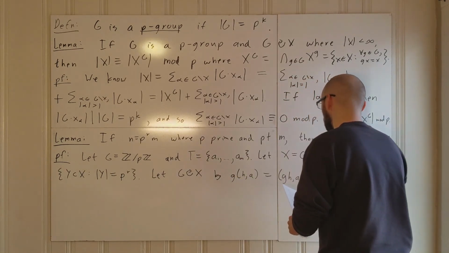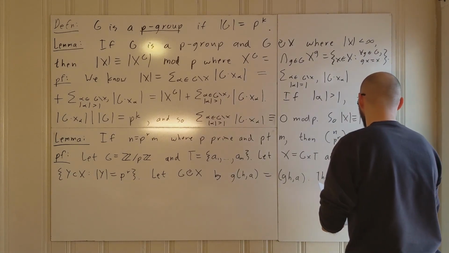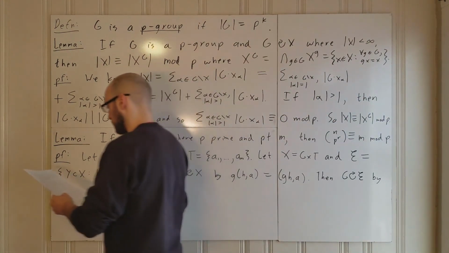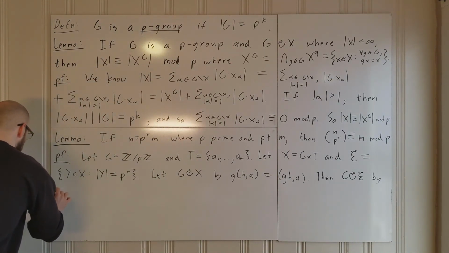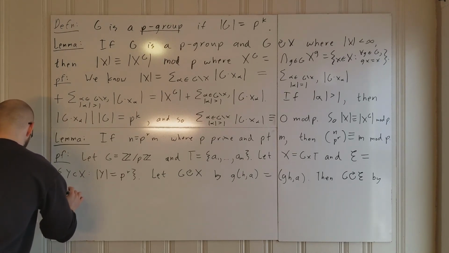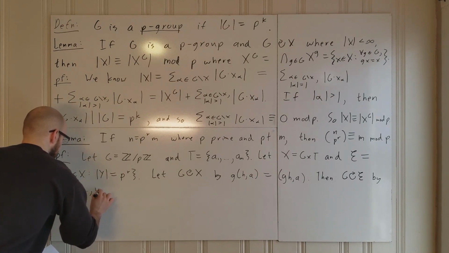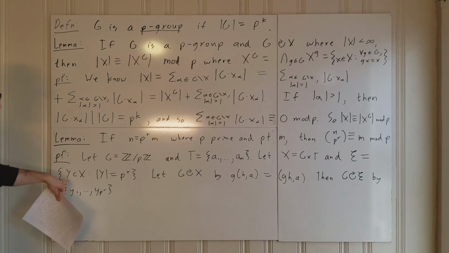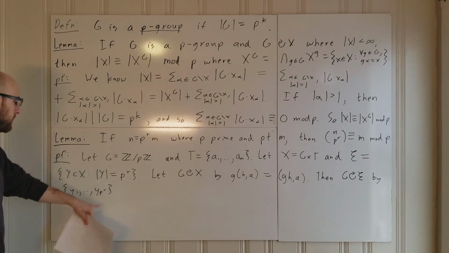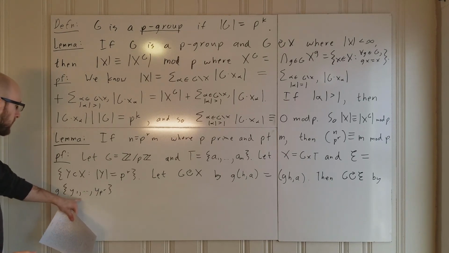So given this group action, we have G acting on script E as follows. If Y is equal to {y1 through y_{p^r}}, where Y is just some subset of X of size p to the r, we'll call those elements little y.